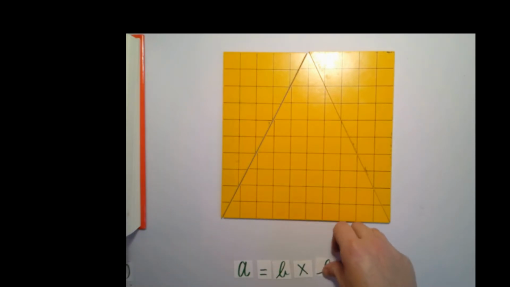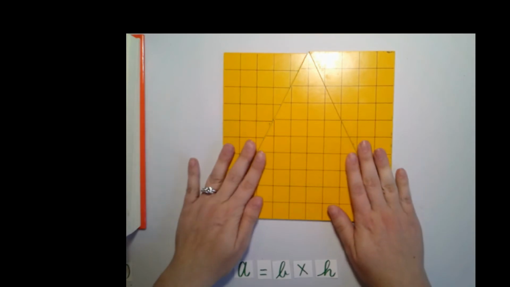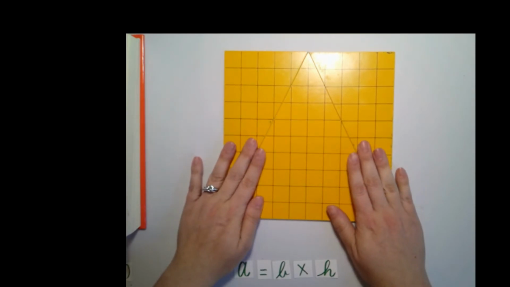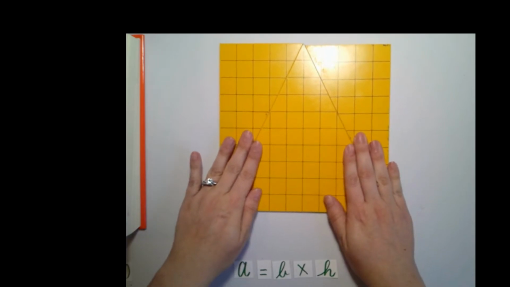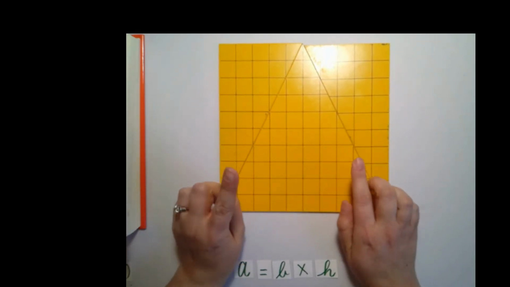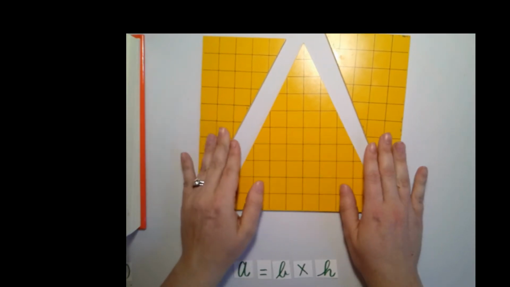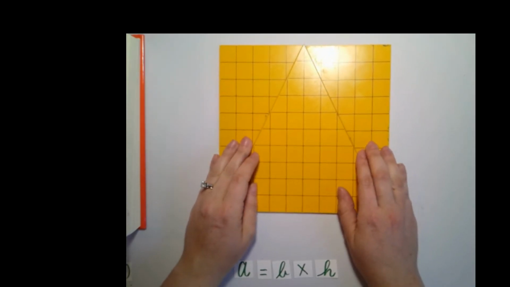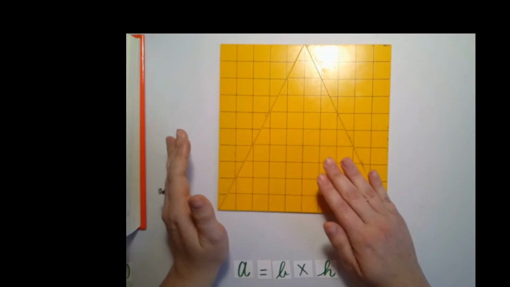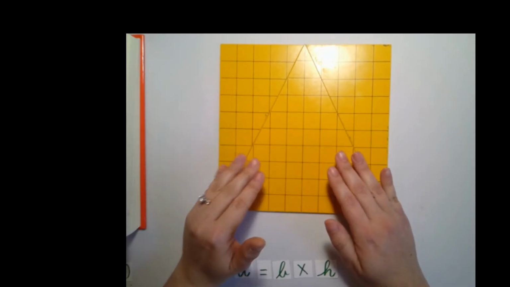And so at this point, it looks the same as the formula for either the parallelogram or the rectangle. However, we doubled the area just now. So in order to find the area of just one of these acute triangles, just one of them, we're going to need to divide the area in half. So that means we're going to divide by 2.